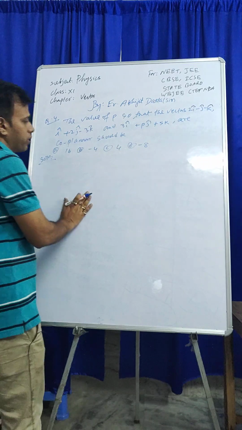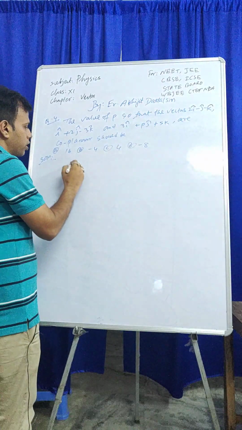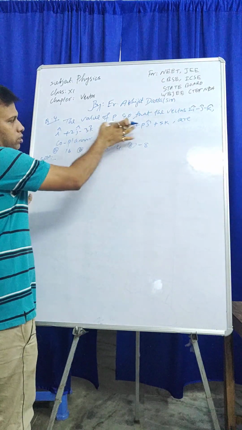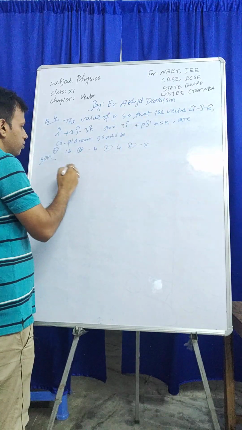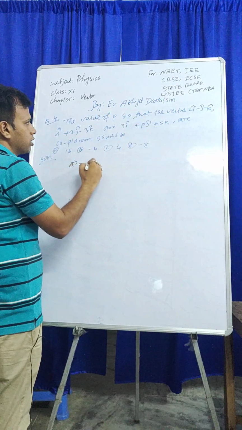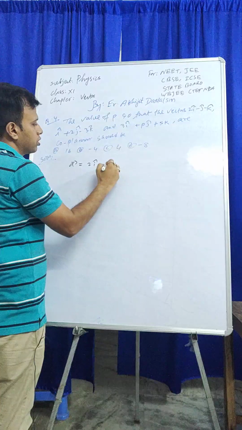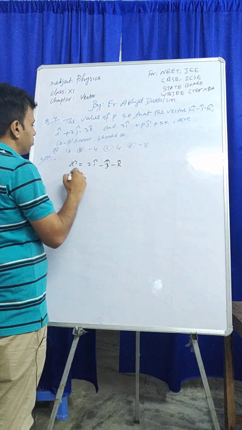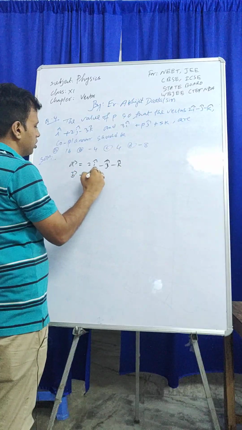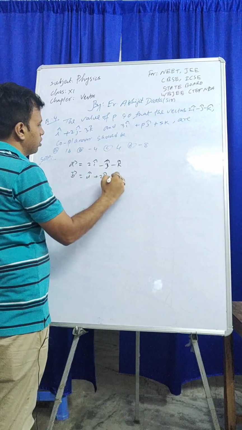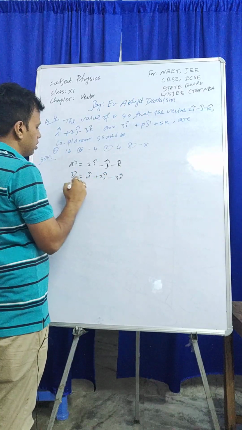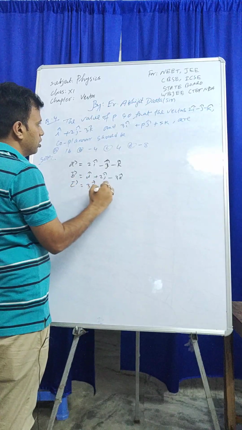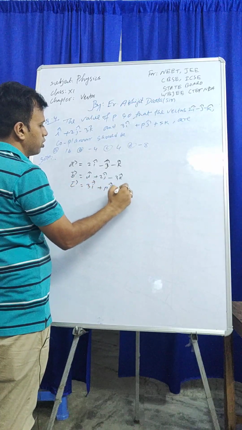So what is coplanar? The condition for coplanarity is that the determinant of these vectors will be 0. So a vector is, I write, 2i minus j minus k, and b vector is i plus 2j minus 3k, and c vector is 3i plus pj plus 5k.